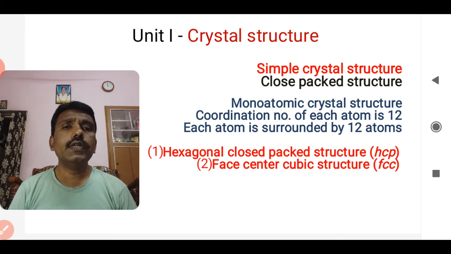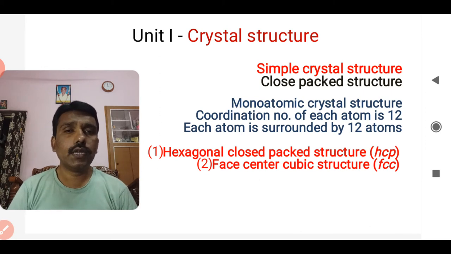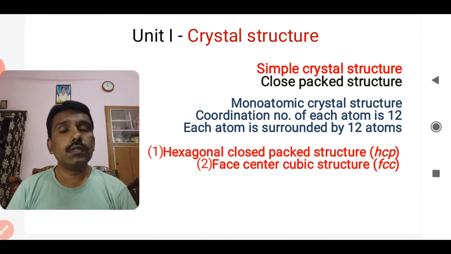The coordination number in this case is 12, because each atom is surrounded by 12 atoms. Close packed structures are also divided into two parts, having two basic simple examples.